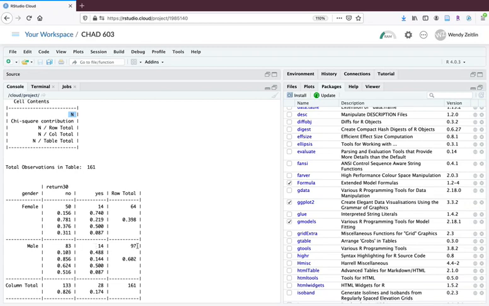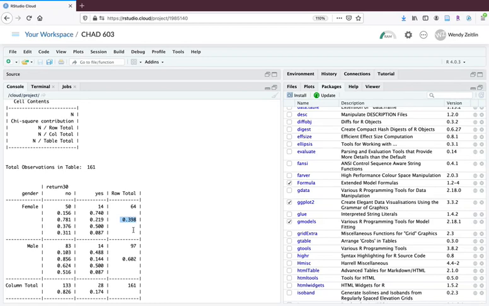Now, if we were missing data for any of these, say you had the status of their sex but not of whether they returned within 30 days or not, you would have missing data. Because in order to put somebody in one of these boxes, you have to have full information for them. So we have 97 males in our sample who we have information about their returning to the hospital or not.